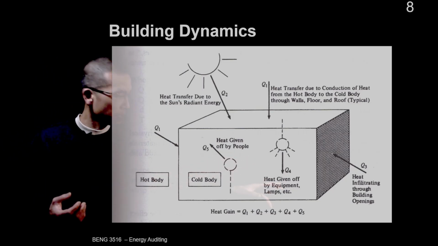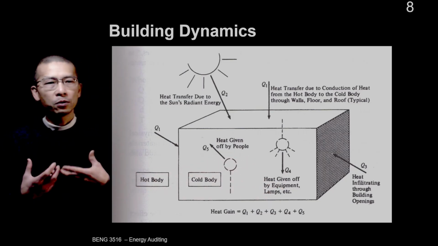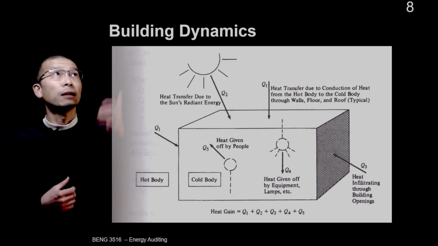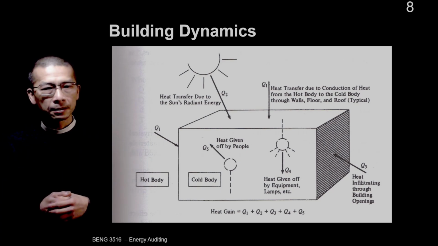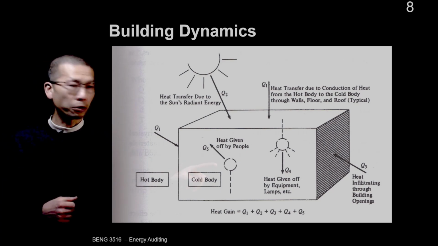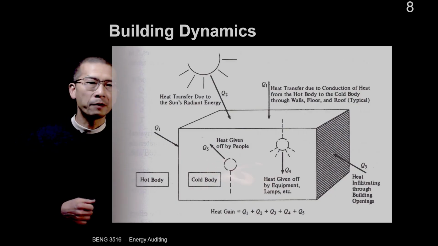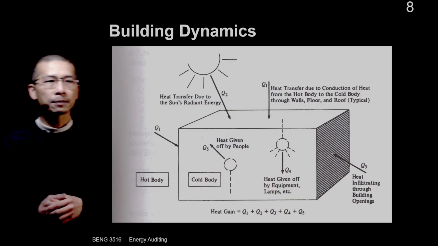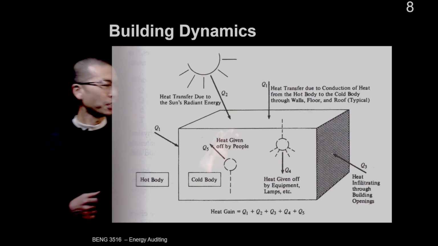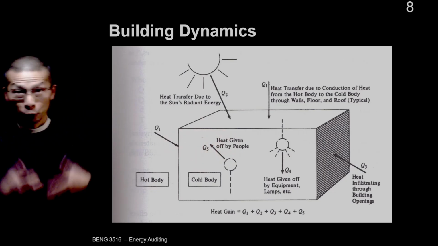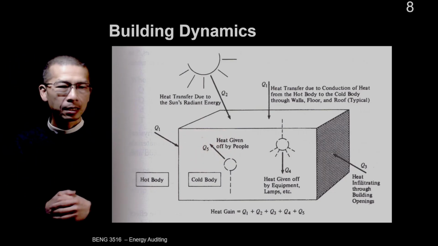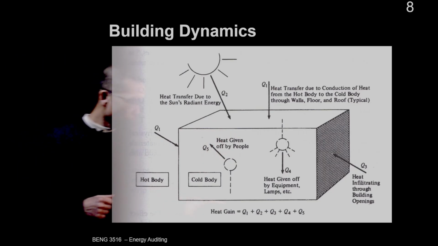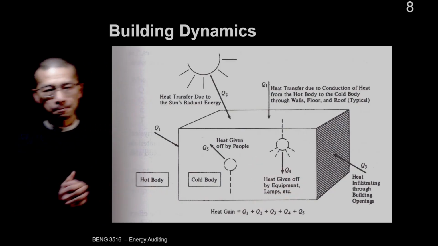Number 4, this is the heat given off by people, equipment, and lighting, right? Actually, sorry, 4 and 5 both are internal heat gains. So this is the equipment and this is human here. We produce heat as well. So all the heat gains, all the terms sum up together.